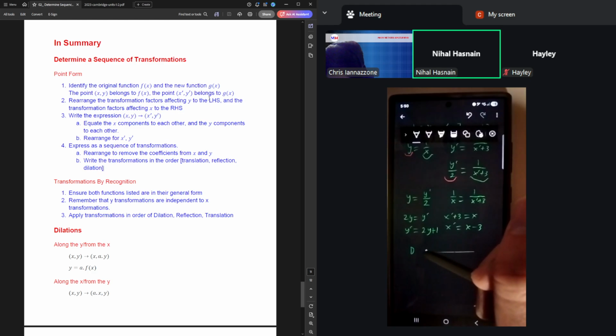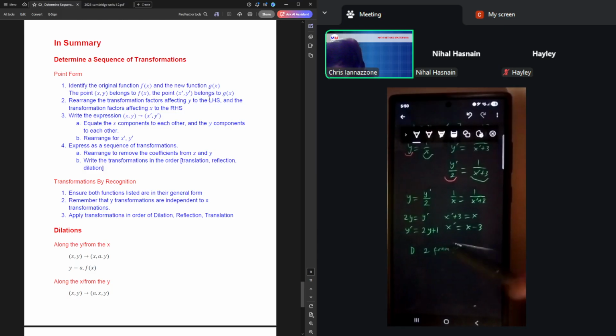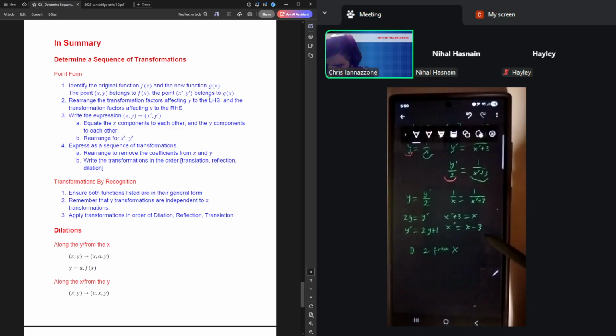Dilations. A dilation of 2 from the x-axis? From x, yeah. It's on the y, so it's in the y direction, or from the x. That's it.